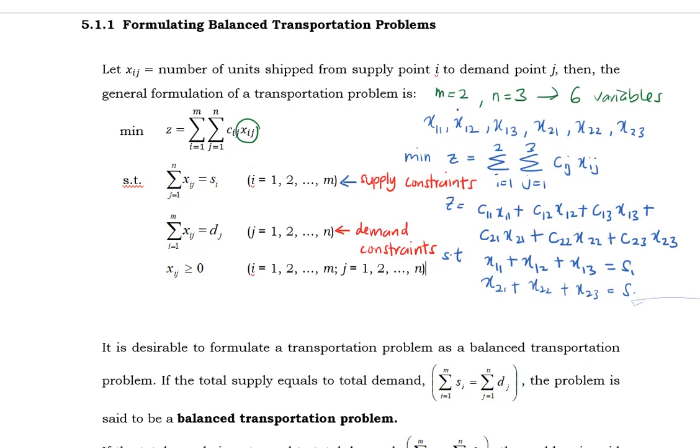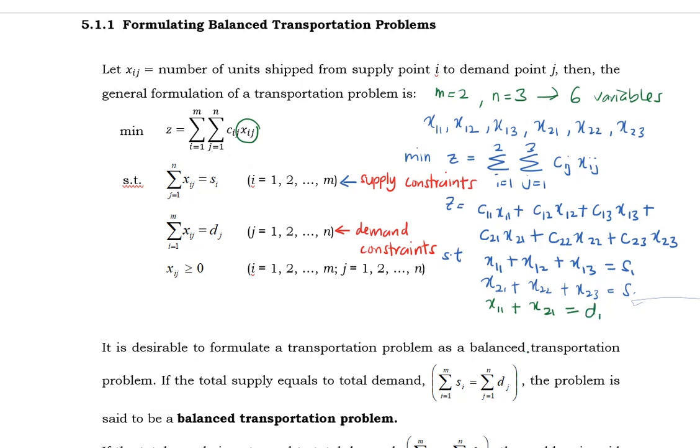For the demand constraint, the constraint of the first demand point, where j equals 1, is x11 plus x21 equals D1.